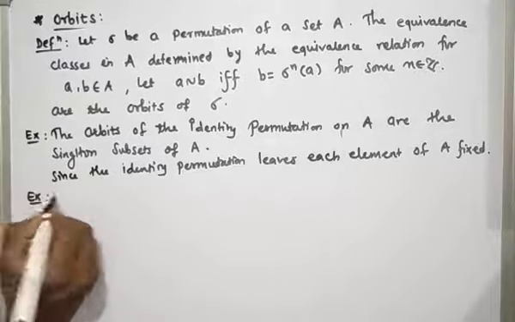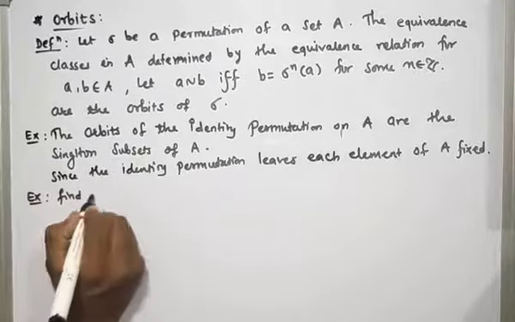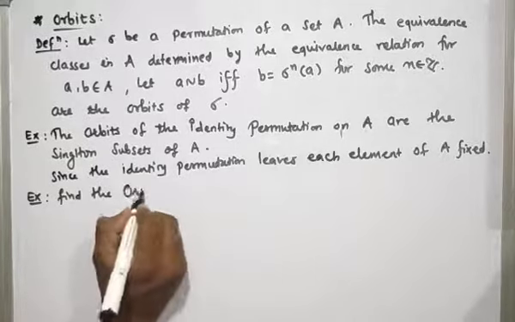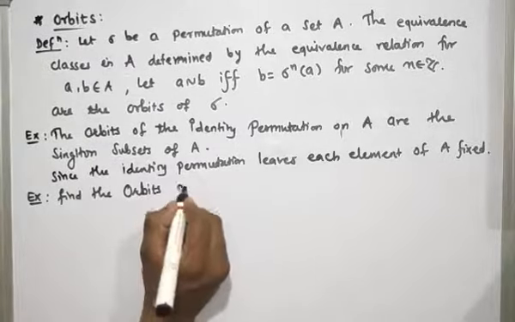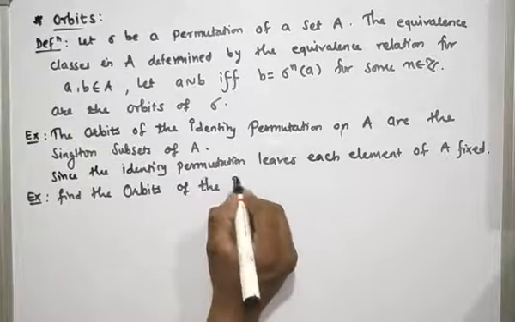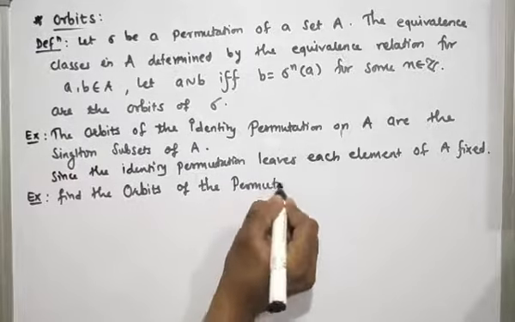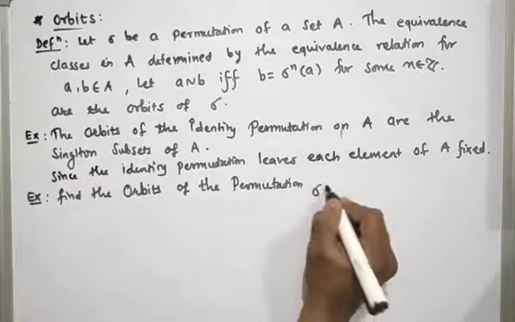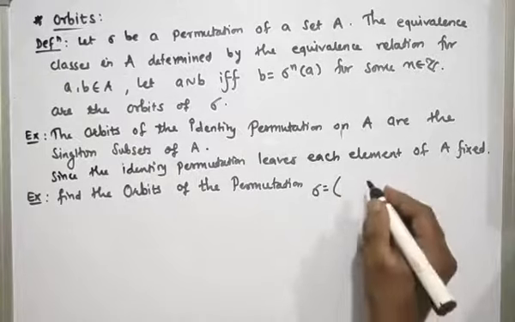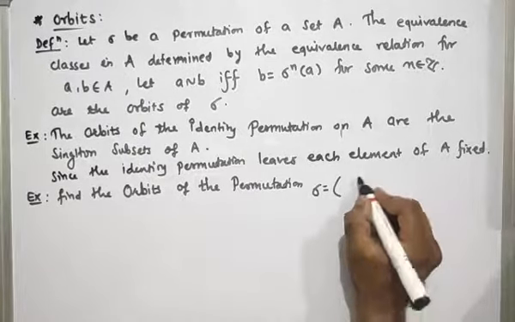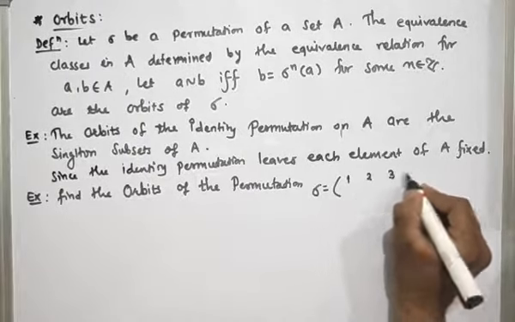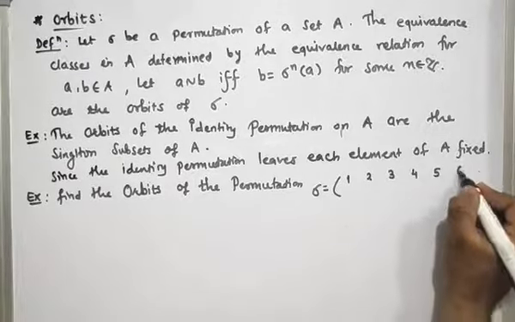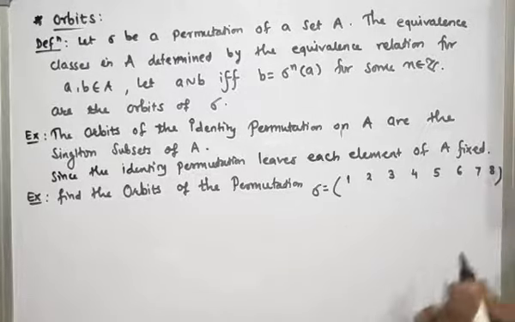So I will find the orbits of the permutation sigma given by total 8 symbols 1 2 3 4 5 6 7 and 8.